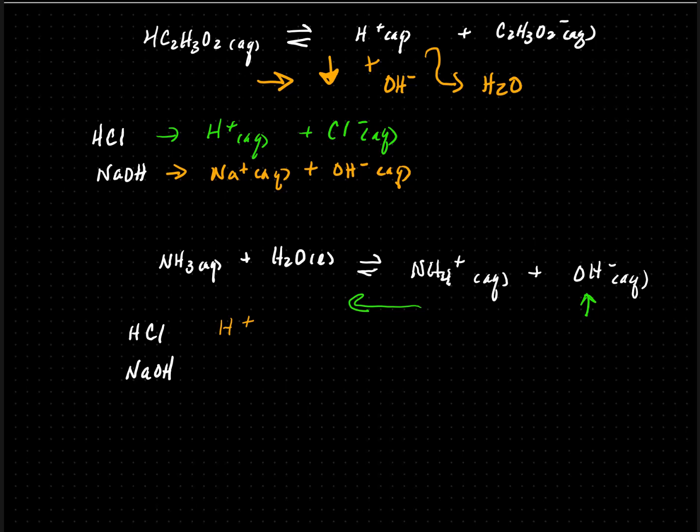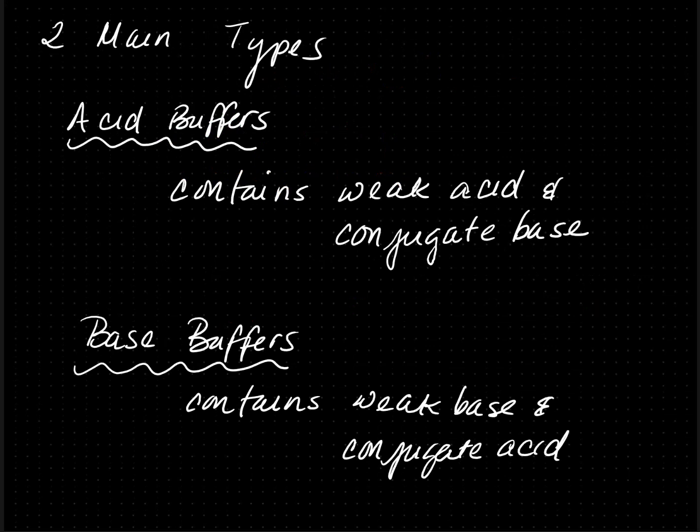It's becoming more basic because there's more OH- ions. To resist the change, the equilibrium is going to shift to the left, decreasing the OH- concentration, making it more acidic.